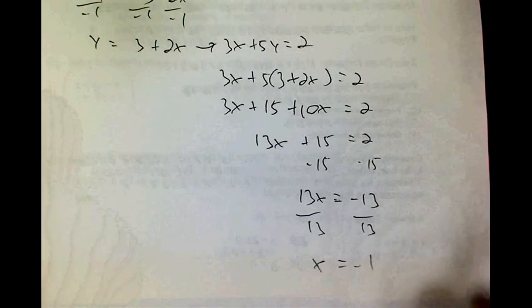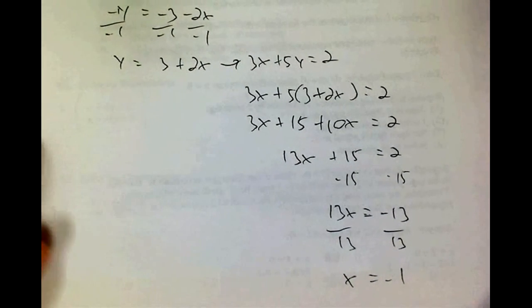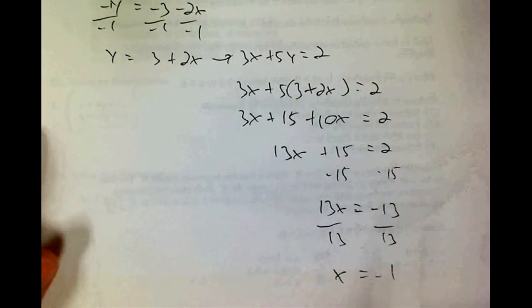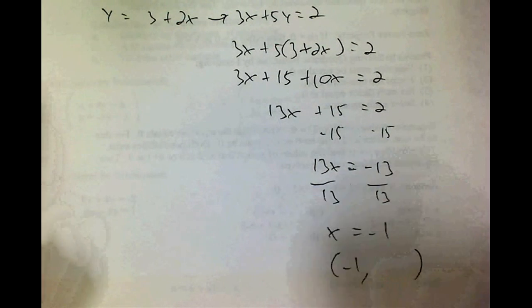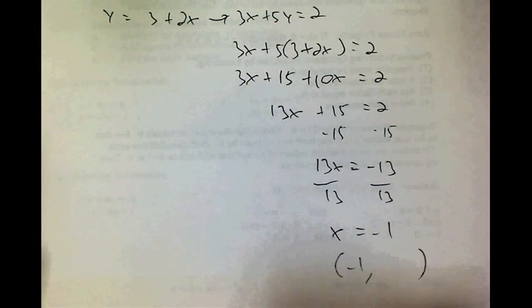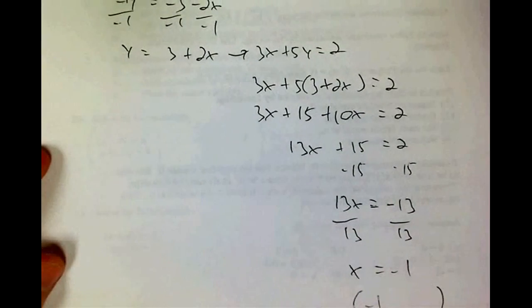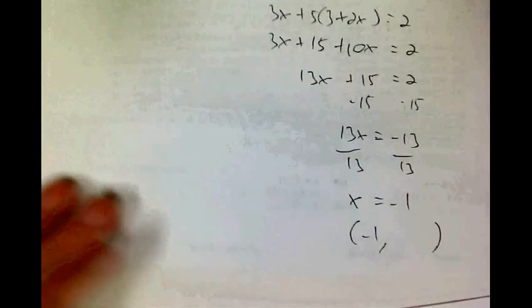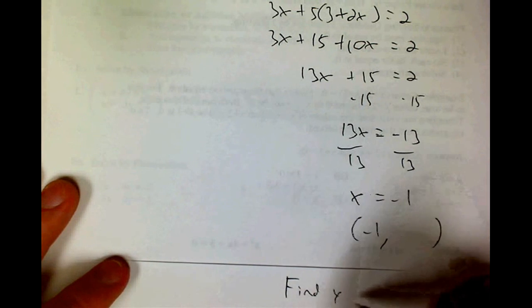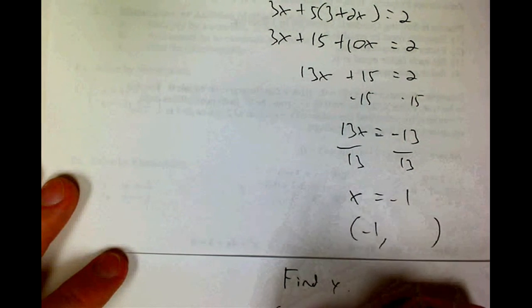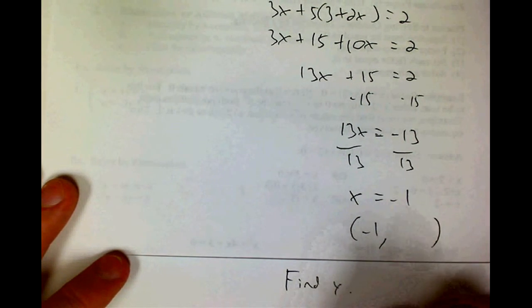Now I'm not finished because, once again, I got to have an x part, which I have, but I also need the y part. So that means we got to find y. Now, when I find y, I'm going to substitute x equals negative 1 into an equation.